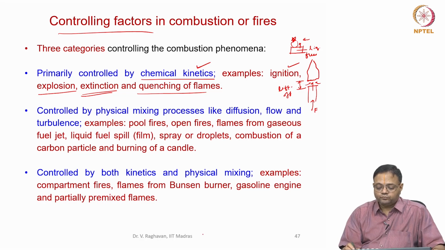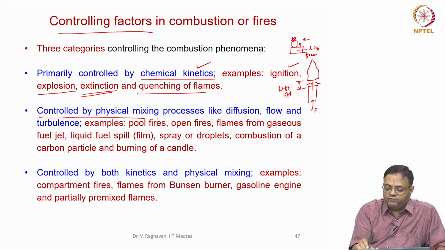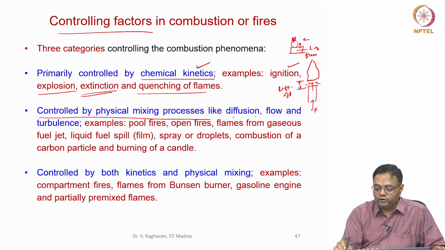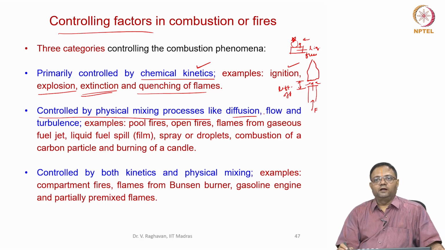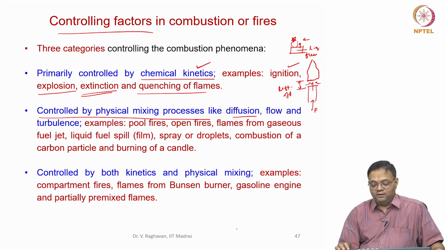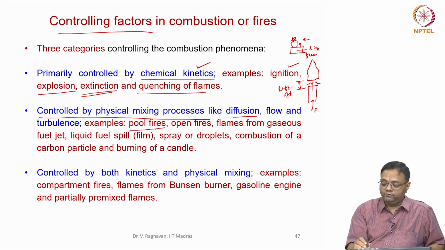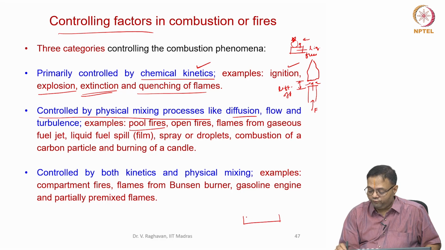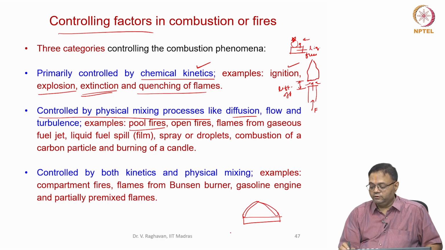Second one is which is controlled by physical mixing processes like diffusion, flow and turbulence. There is no chemical kinetics useful for this. Examples are pool fires. When there is a pool of liquid fuel and it is ignited, then a fire forms, correct. It sustains when, of course, the temperature is more than the fire point and the entire liquid fuel surface is occupied by the fire, and the heat feedback comes, mass transfer comes.